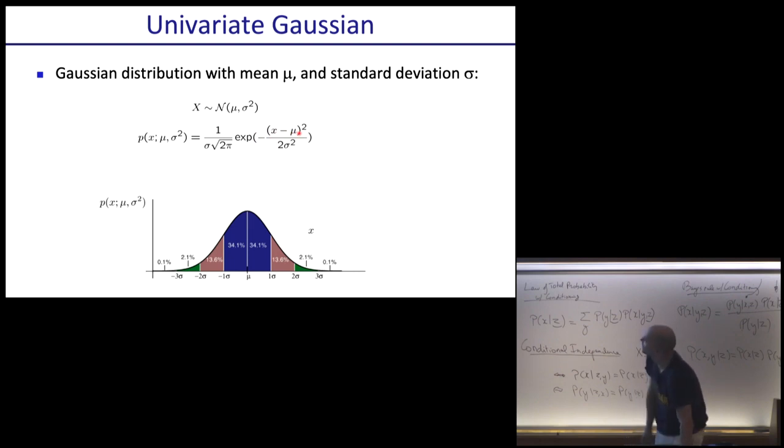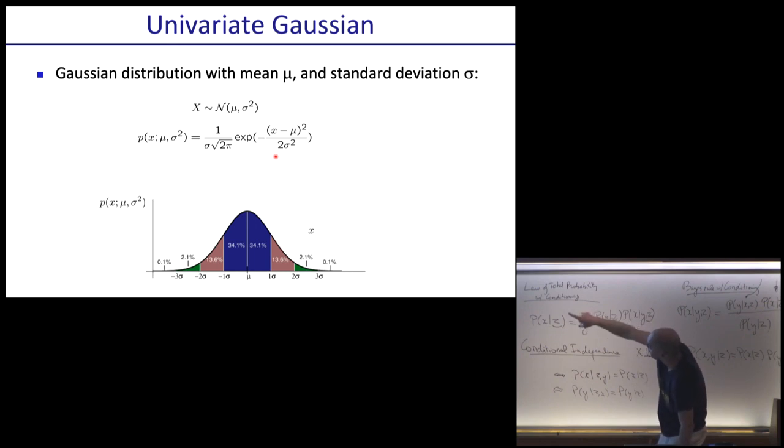So let's think about that. When x is equal to mu, that's 0, and you have e to the power 0, which gives you 1.